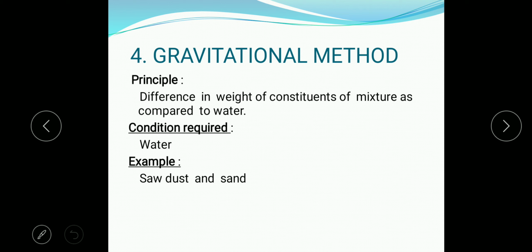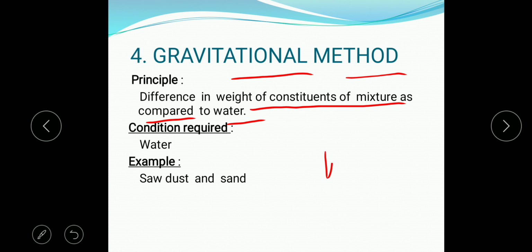Next method of separation of mixture is gravitational method. Okay, so what should be the principle here? Here is the principle that there should be a difference in the constituents of mixture as compared to water.